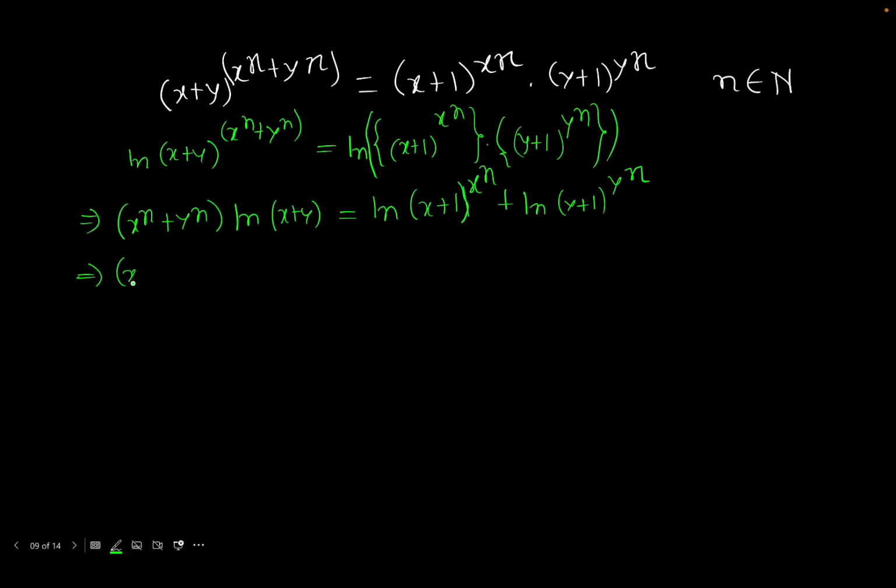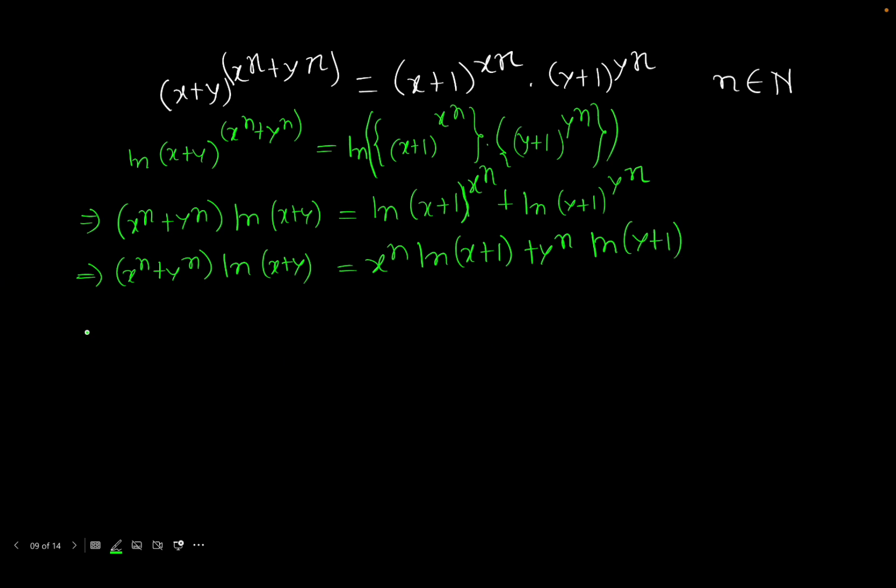Again we'll write this as ln x plus y is equal to, we can take this term in front of ln x plus 1, so we'll write y to the power n ln y plus 1.